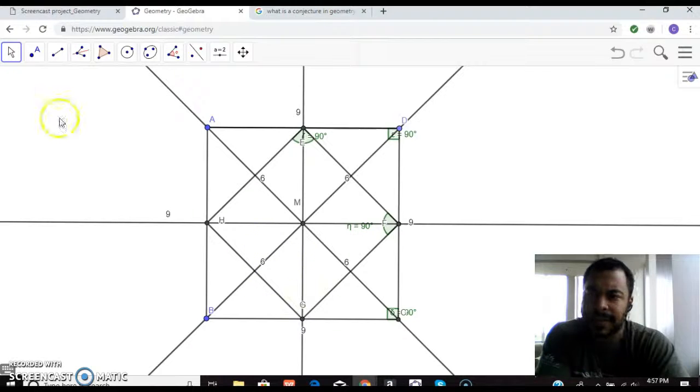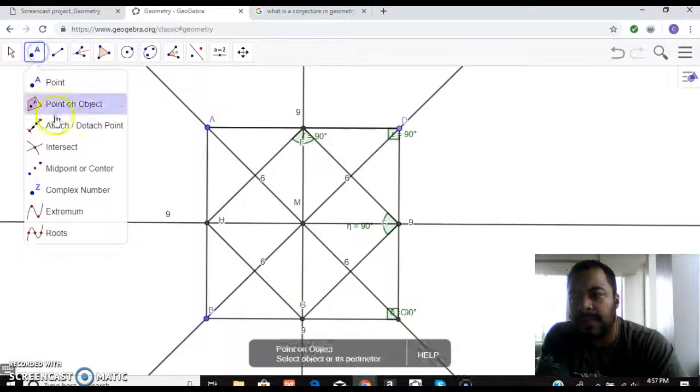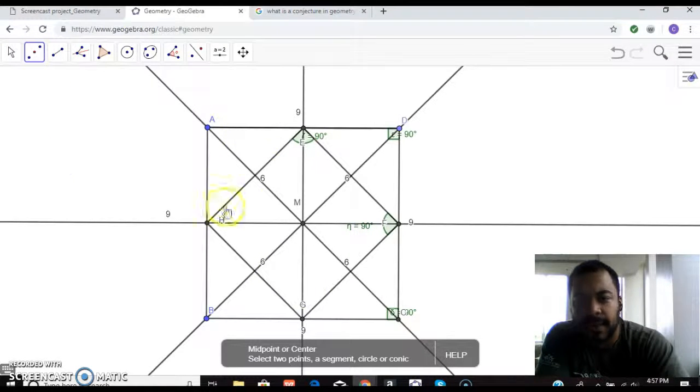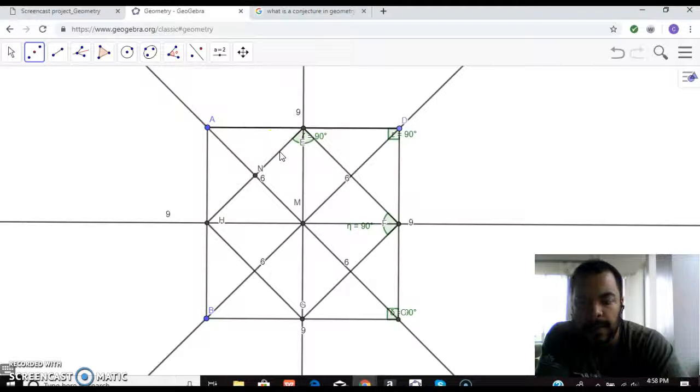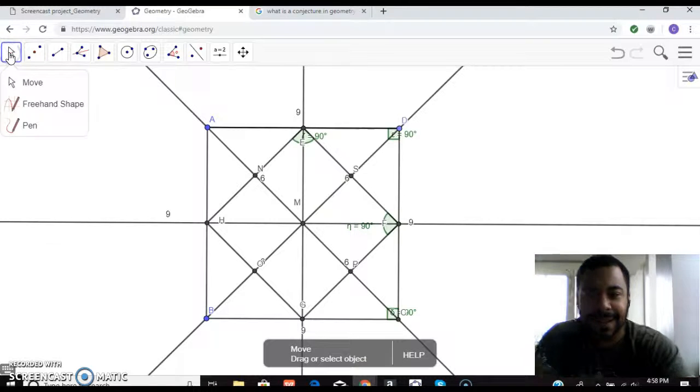Let's take the midpoint and see if that's true. Take the midpoint of, say, line segment EH. Seems like it does. Let's see if it works on all of them. Nice, seems like it does.